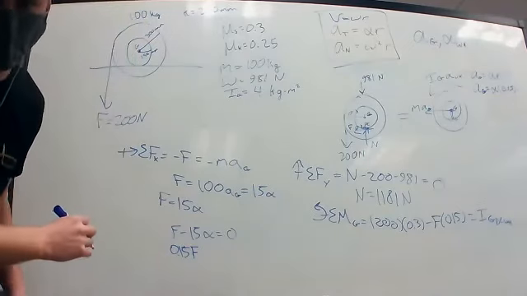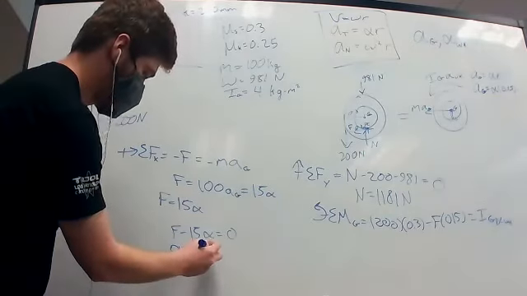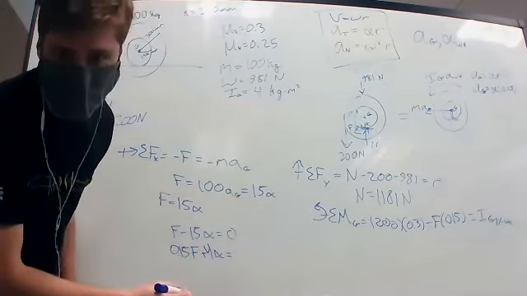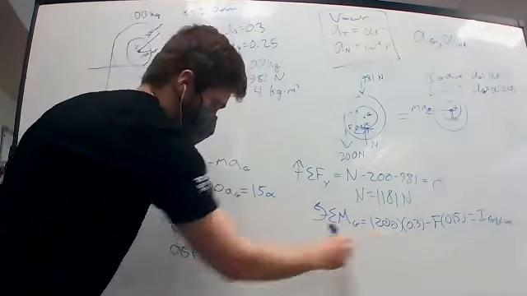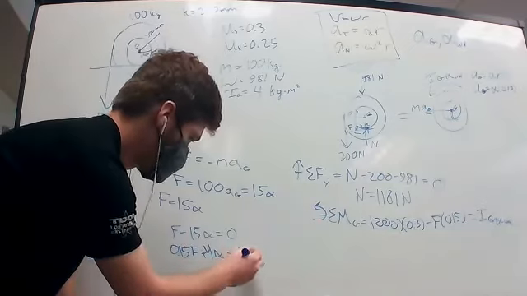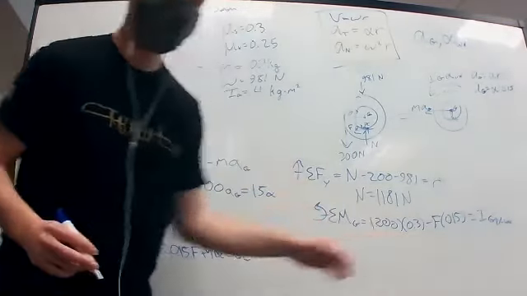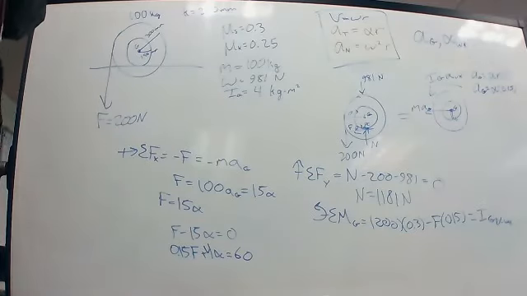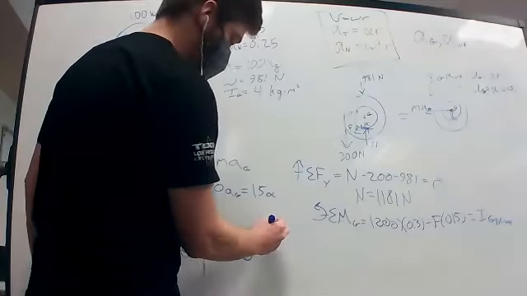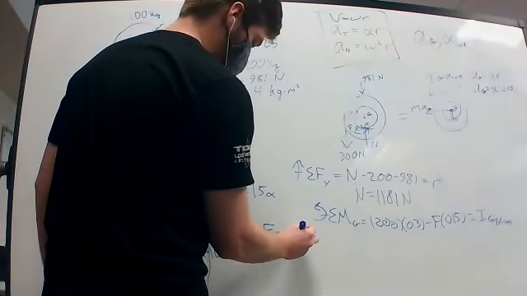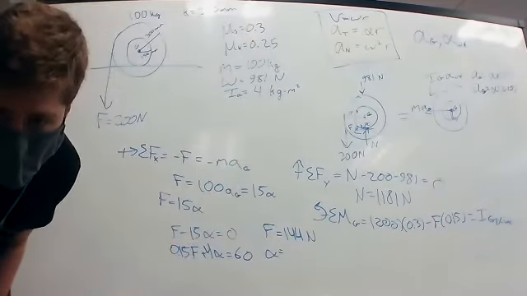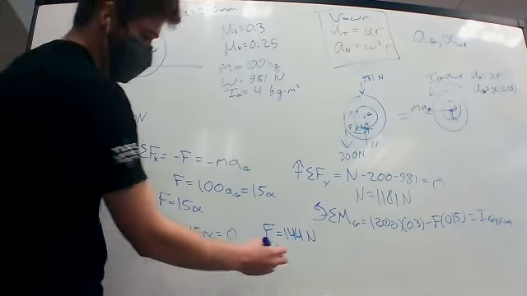F plus 4 alpha, 4 coming from the IG value, is equal to 60, which is this portion. So this is just a rearrangement of this equation. And then they use a matrix and they say that F is 144 newtons, and that alpha comes out to be 9.6 radians per second squared.